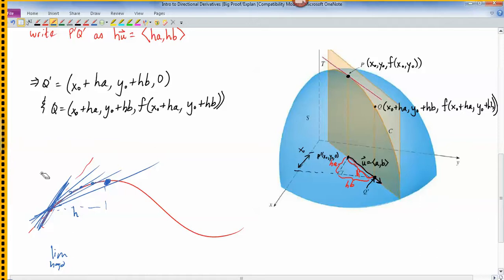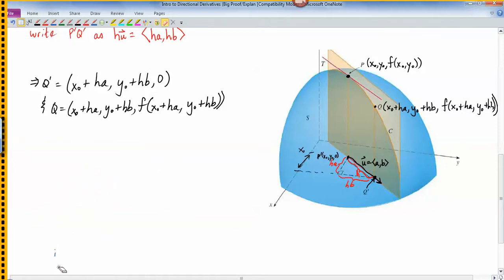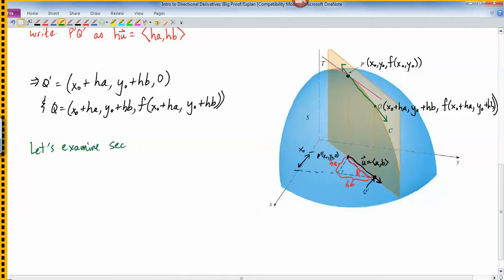So we're going to do the same sort of thing. We're going to examine the secant line through P and Q. Let me sketch that in here. So there's PQ. Let's examine secant line PQ.